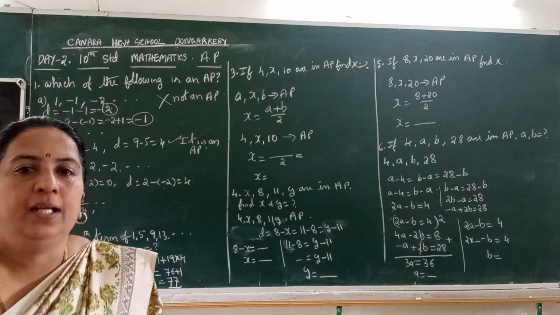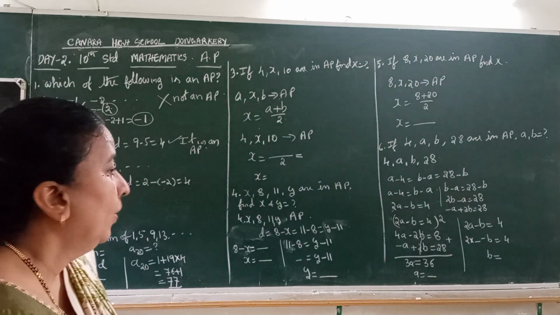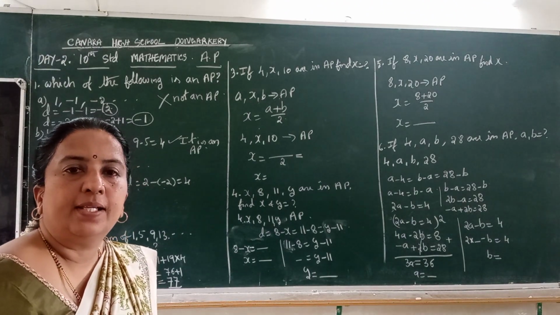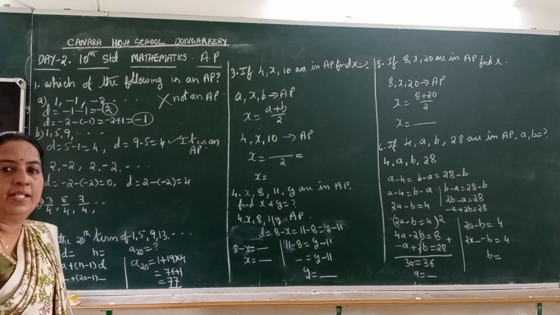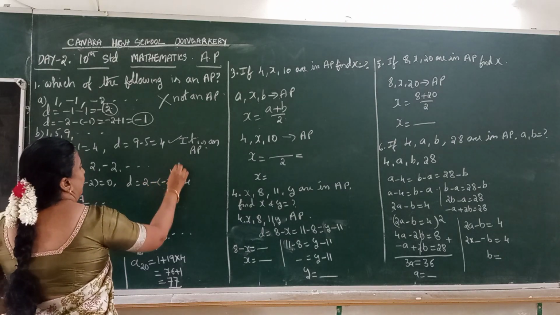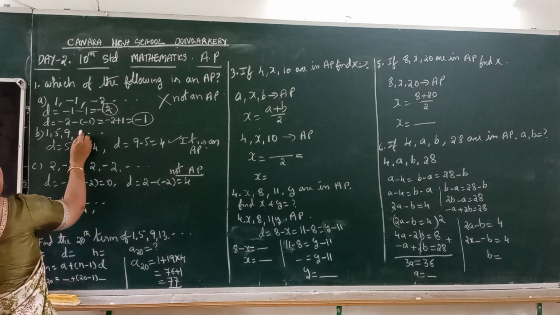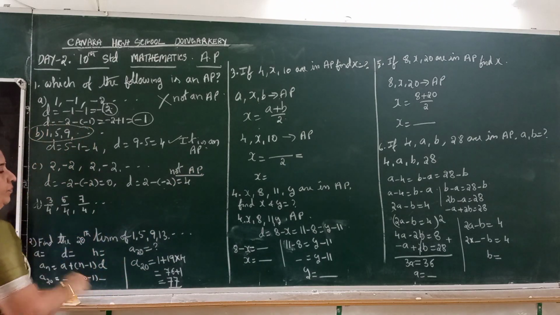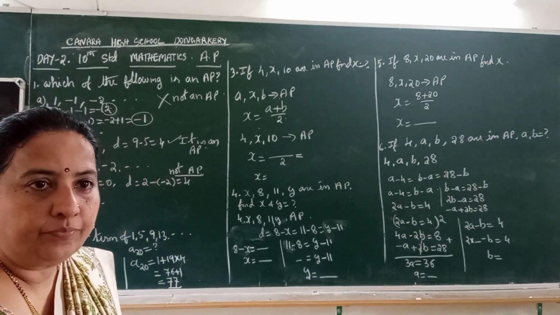In first case, you got difference 0. Second case, you got difference 4. Therefore, common difference is different. Therefore, it is not AP. Only 1, 5, 9 is an AP.